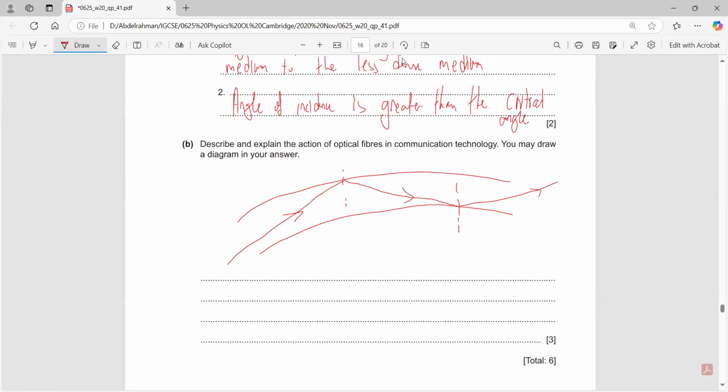Light travels. It could be light, could be part of the infrared. Some of the infrared radiation can be used in optical fibers.